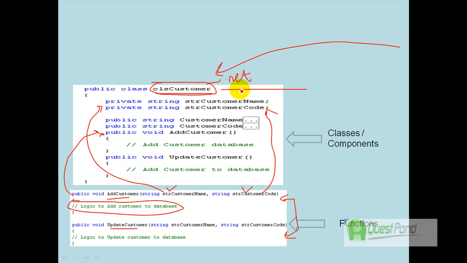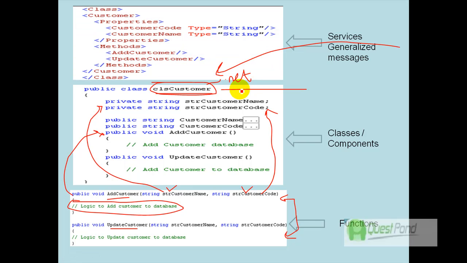So then came messages, which we had already discussed previously. The IT programming world said, okay, let every compiler do whatever they want, let every language define their own binary format, but let's talk in terms of generalized messages. For example, if I want to add a customer, I will send an XML message which has add customer and its data, and the compiler or the runtime of the language should interpret this message and do the operations accordingly on their proprietary classes.